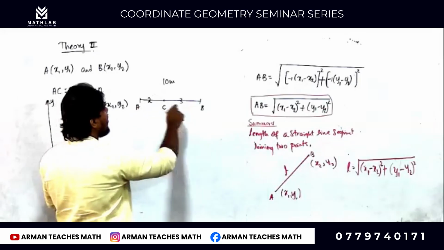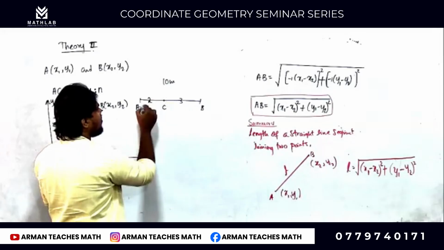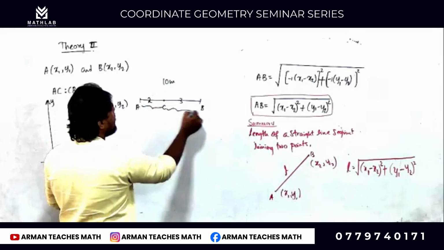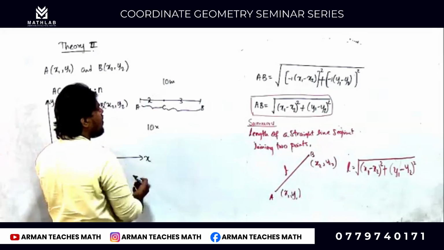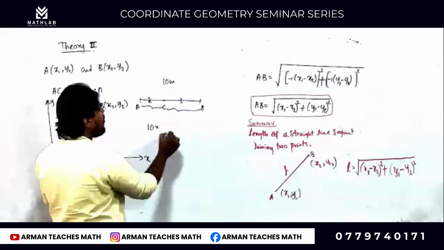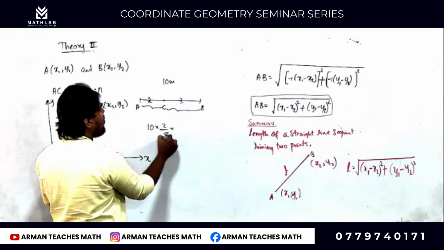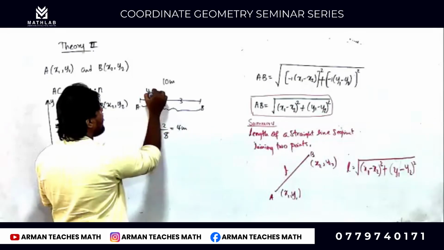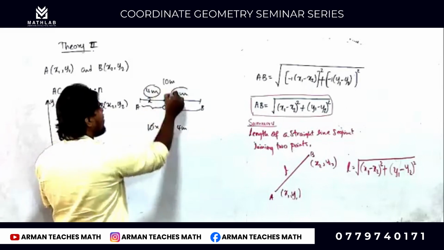The segment is divided into 2 plus 3, 5 equal parts, 2 of them here and 3 of them here. Out of 10 meters, 2 parts give 4 meters and 3 parts give 6 meters. So the original length is this.